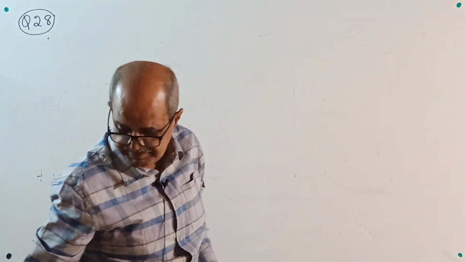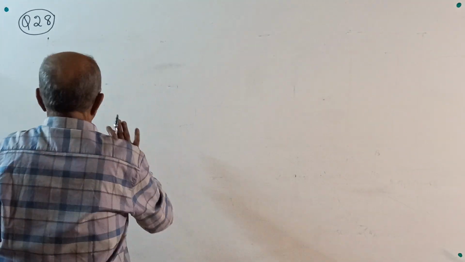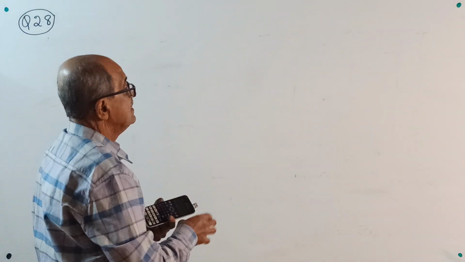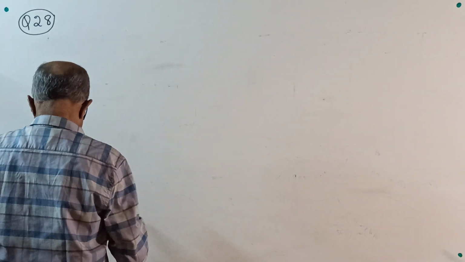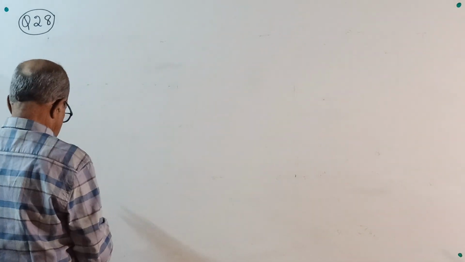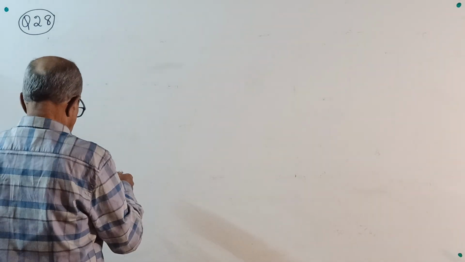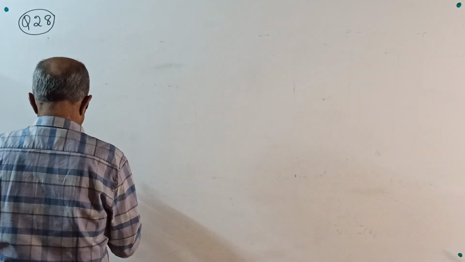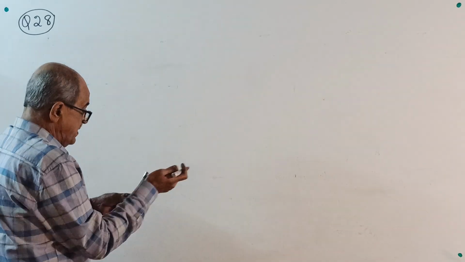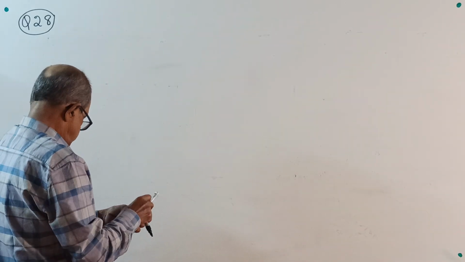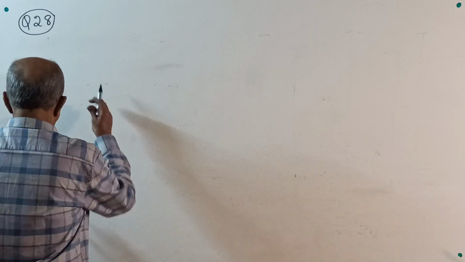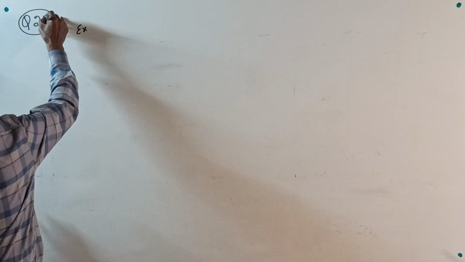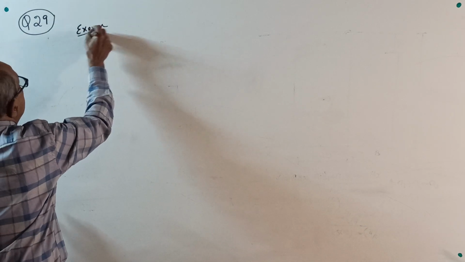Okay, one. Calculator required for me. Right, all colors are getting mixed up. See, I will give a rectangle for you now. This is an exercise for you. Question number 29. You should work it out.